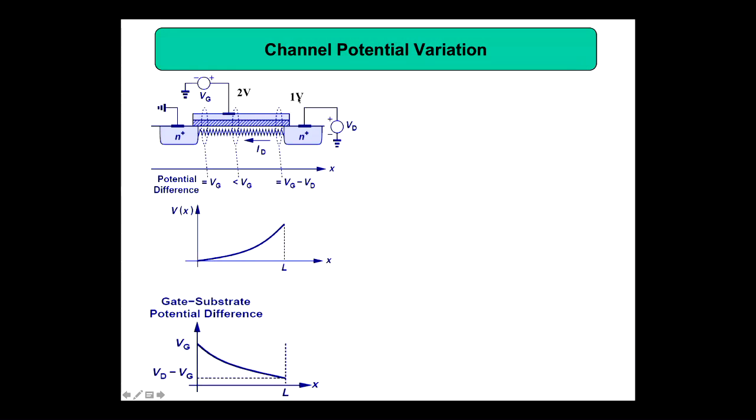My question is, what is the voltage at this point here? Definitely it will be 1 volt, because you connected 1 volt here, then there is a resistance, then it is connected to the ground.